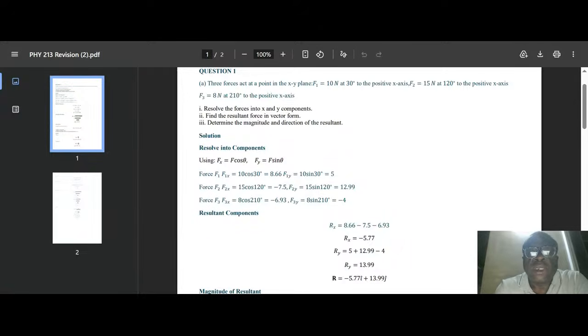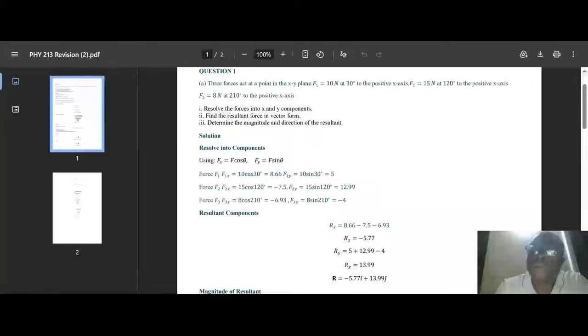Three forces act at a point in the xy plane. F1 equal to 10 Newton at 30 degrees to the positive x-axis.